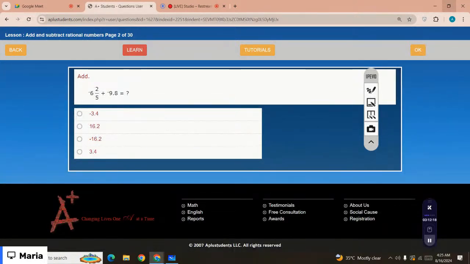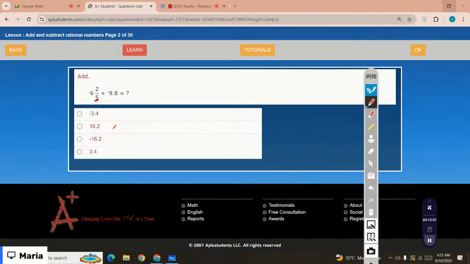That is negative 6 whole 2 by 5 plus negative 9.8. So you need to write them both either in the decimal form or in the fractional form, then you can add. Otherwise, you cannot add them, right?